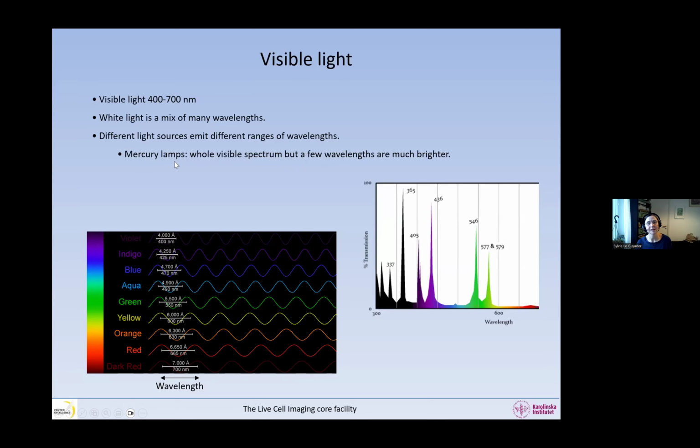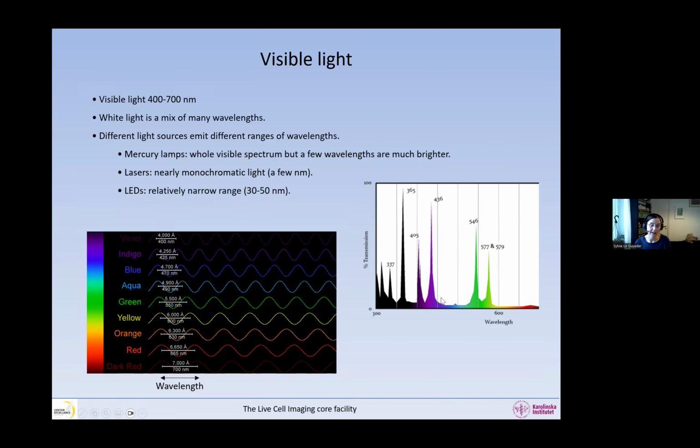For example, a mercury lamp will emit across the whole spectrum, but some wavelengths are much brighter than others. This is the range that the mercury lamp emits. It's very uneven, whereas lasers are very monochromatic, so they emit a few nanometers and very much one specific color.